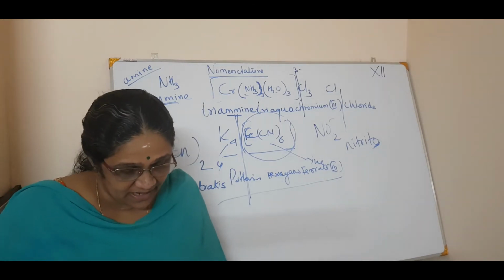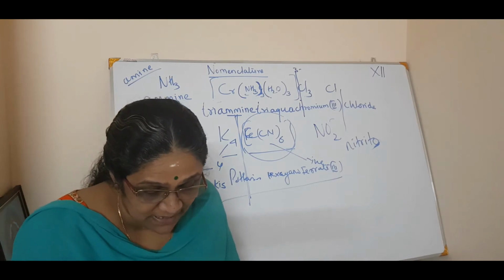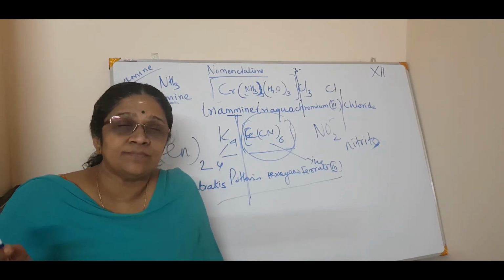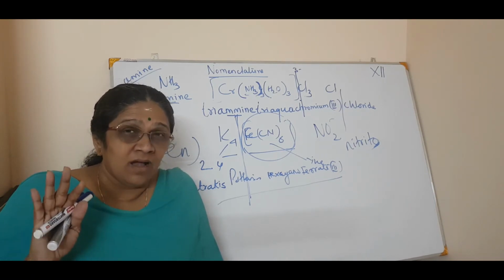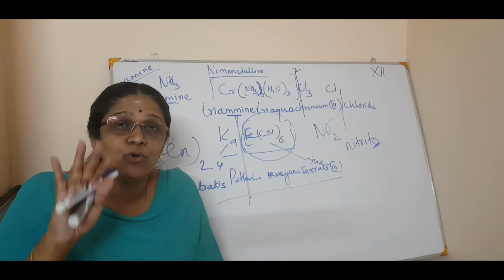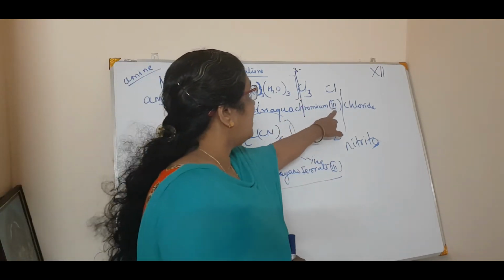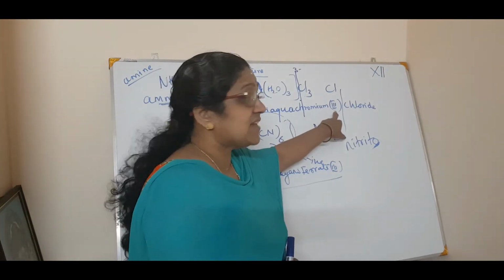Now the fifth one is the oxidation state of the metal in the cation, anion, etc. Yesterday we told you the oxidation number is always written in Roman numeral and in parenthesis. That means chromium is 3.